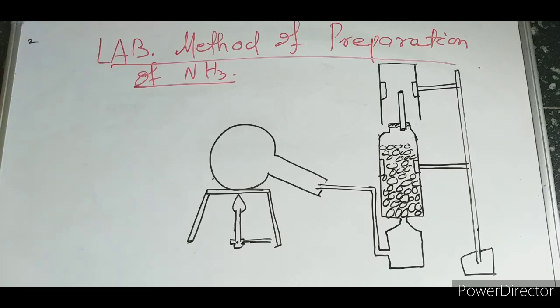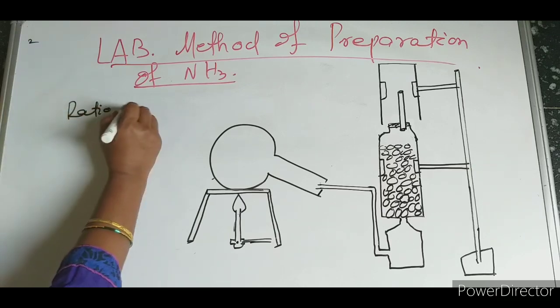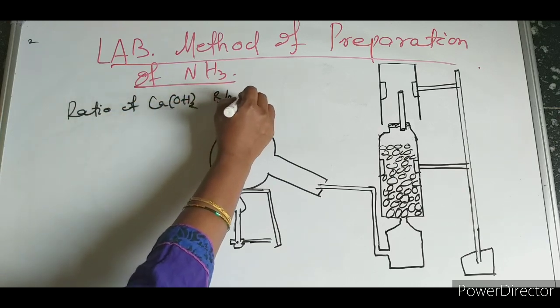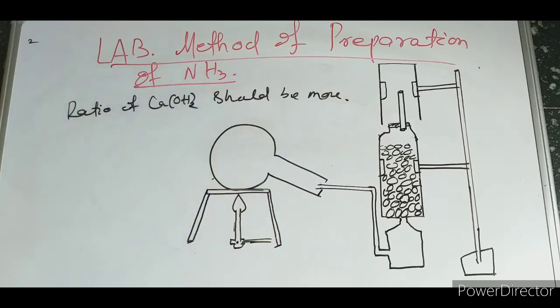When we go for calcium hydroxide, the ammonium chloride and calcium hydroxide should be in a ratio where calcium hydroxide is more. Why should it be more?